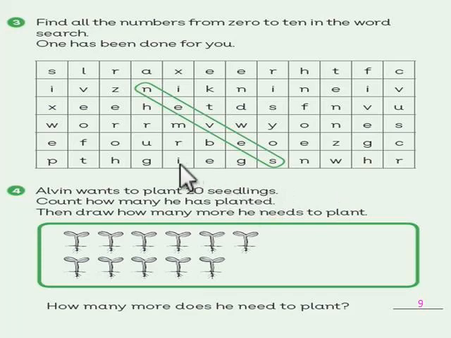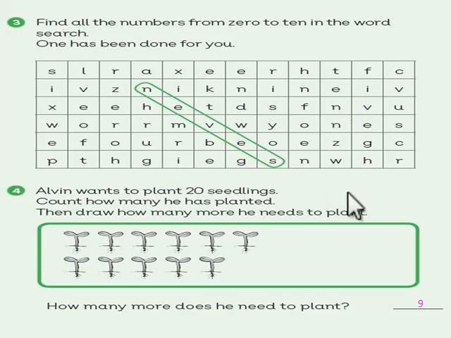Here, 9. N-I-N-E. 9. And the last number? 10. Here, 10. T-E-N. 10. So those are the words from 0 to 10. Did you follow Teacher Don? Very good.